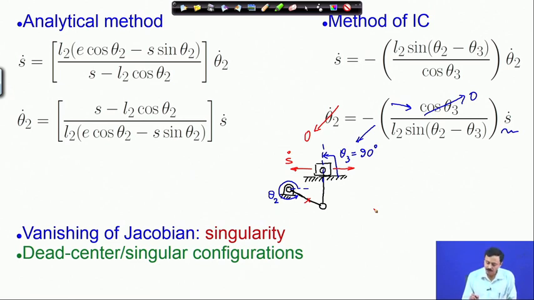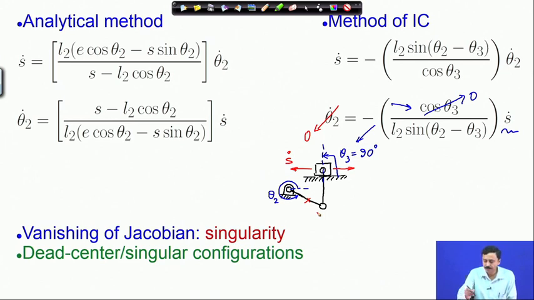So, whenever this velocity goes to 0, it changes or reverses direction. The link will reverse direction. So, when it reverses direction, it comes to a stop and then reverses. So, this is that extreme configuration of theta 2.